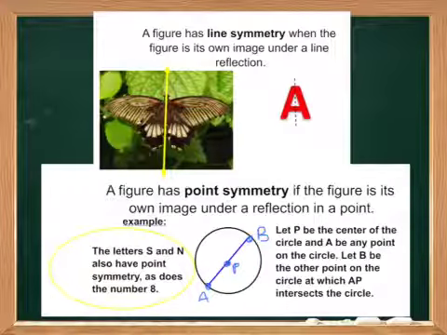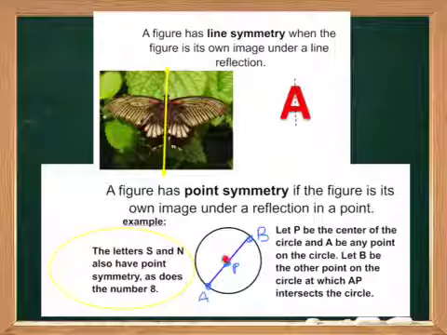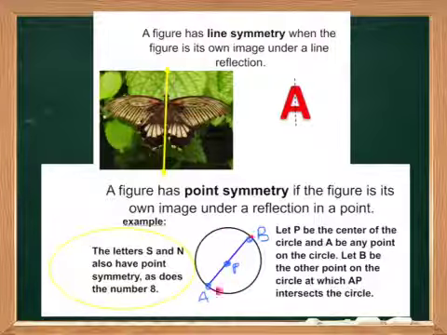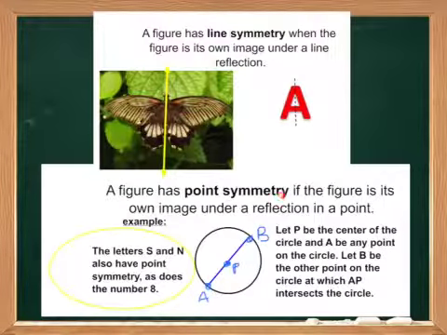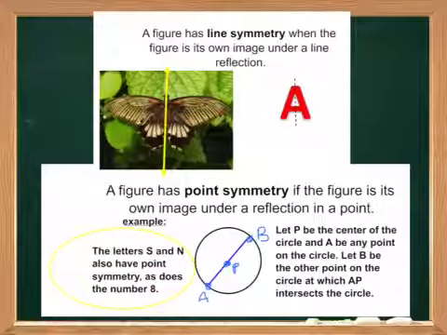In other words, we know that all points in a circle are equidistant from the center, so any point on the circle would be reflected to the other side of the circle under a point reflection. So a circle is an example of something with point symmetry. The letters S and N also have point symmetry, as does the number 8.